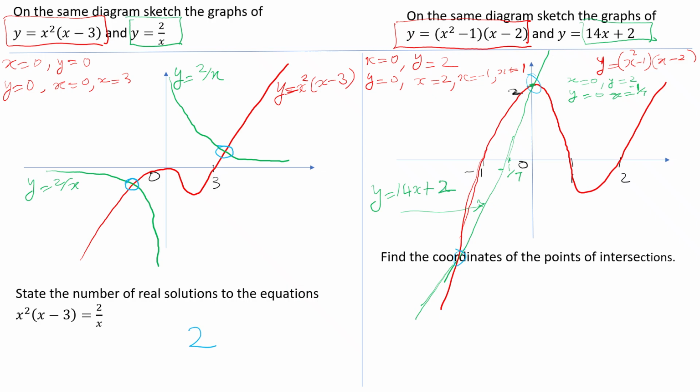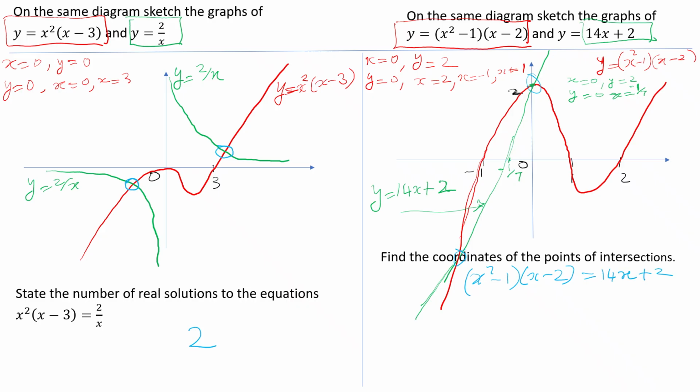Second part, find the coordinates of the points of intersection. So we have two simultaneous equations, and we are going to solve them. So x squared minus 1 times x minus 2 equals 14x plus 2.